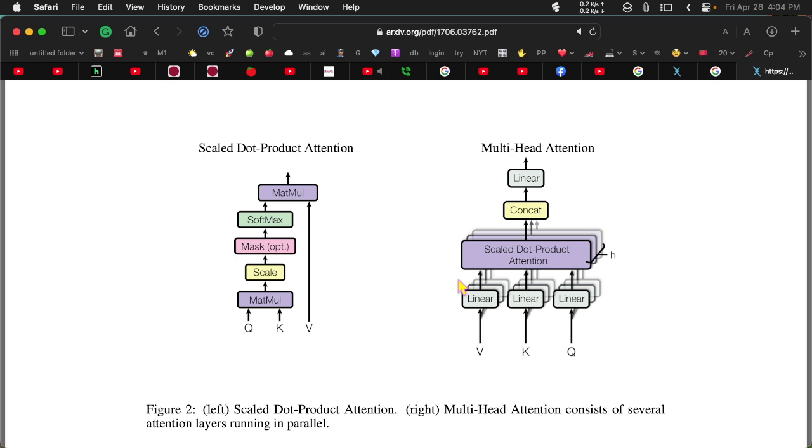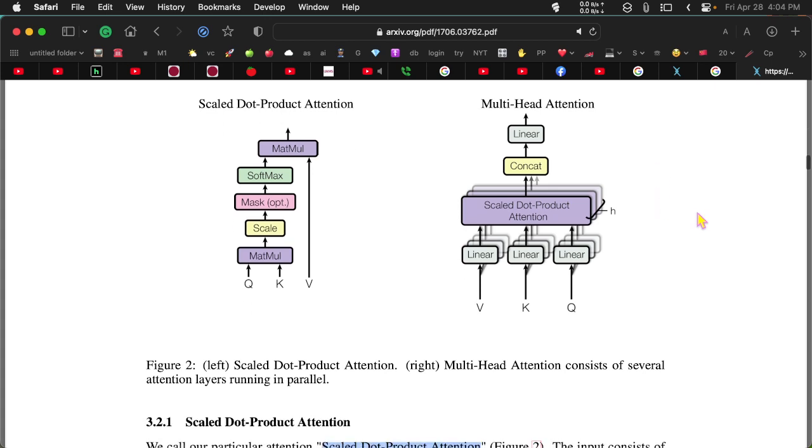They're created, they're used, and then they're destroyed. But before they're destroyed, we get O, the output from this. And so if we have a well-trained multi-headed attention, what we actually get is three projection matrices.